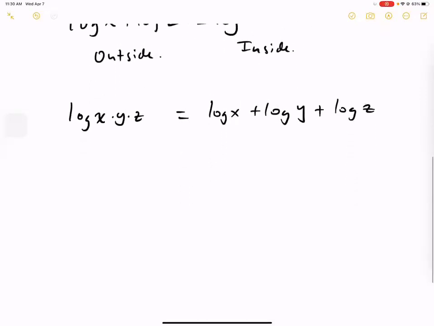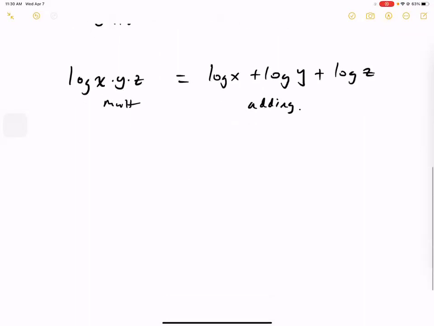Now, why is it that when I'm multiplying, I'm adding? See how I'm multiplying here? Why is multiplying adding? It actually turns out this goes back to what logs really are. Let's look at a basic example. If I say log base 2 of 8 is equal to 3, you guys okay?